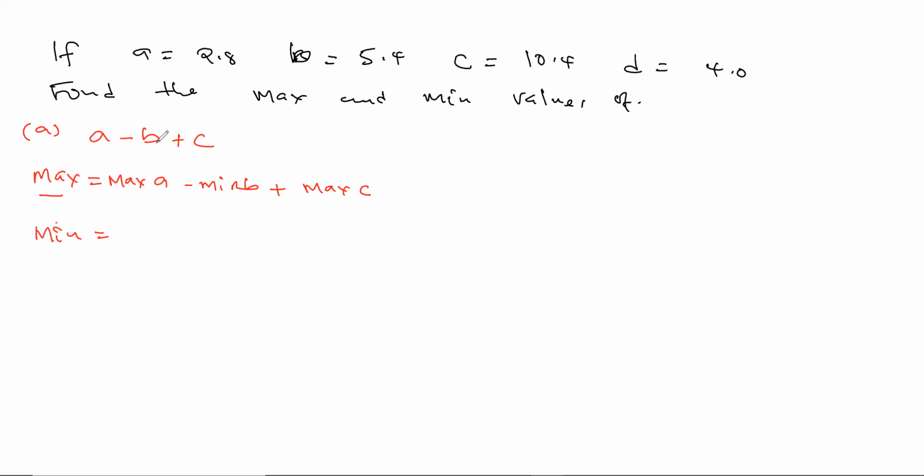If I want to get the minimum of this operation, I'll take the minimum of A minus maximum of B, because anytime there is a minus, there must be a change of maximum and minimum. So if it's minimum, you always start with minimum minus maximum of B. And in addition, to get a minimum, you always take the minimum of that value. So I'll go for minimum of C.